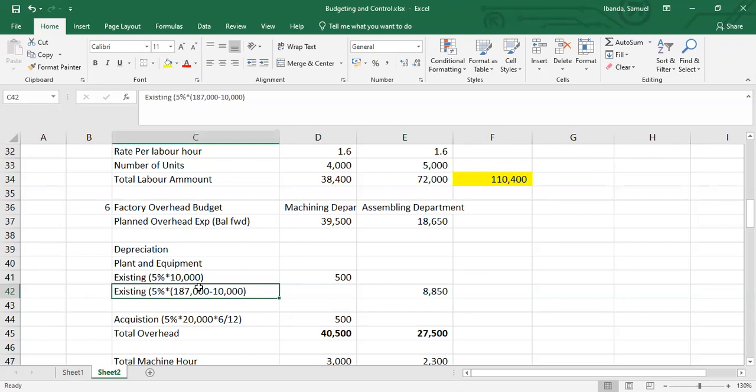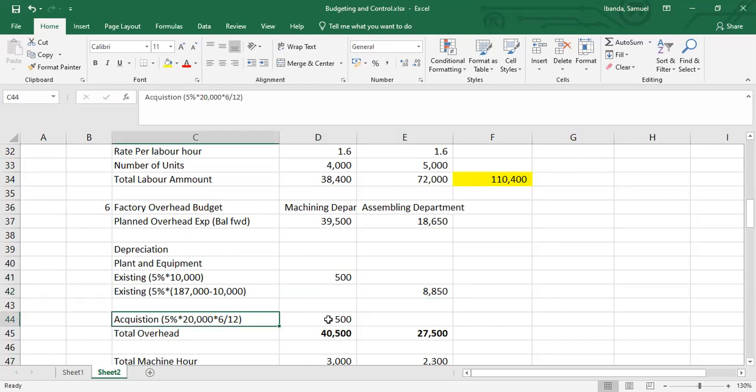This was existing plant and equipment, and it was just a breakdown between machinery and assembling. For machinery it was straight line, and for assembling it was reducing balance.